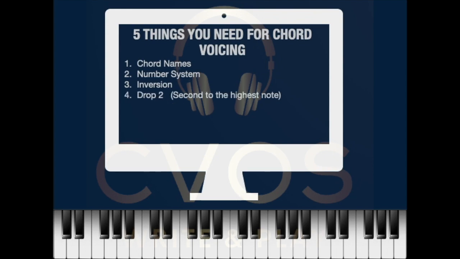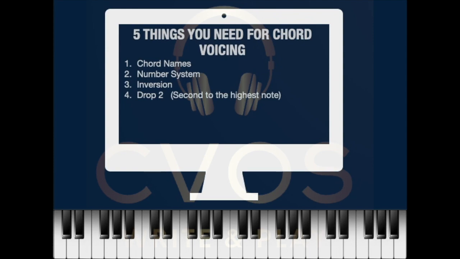Drop 2. This is another secret weapon. Drop 2 simply means removing the second highest note. So if you have 1, 3, 5, the 3 is the drop 2. If you invert, just like I said just now, so you have 1, 3, 5, that 3 will be your drop 2.